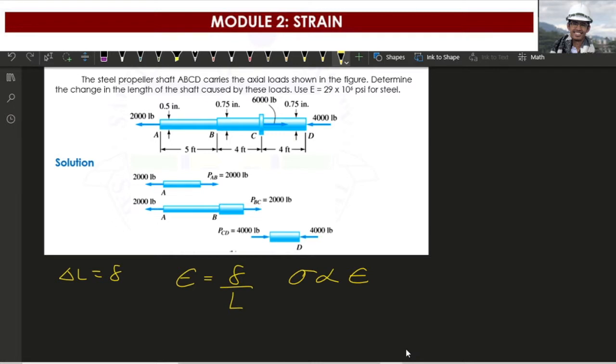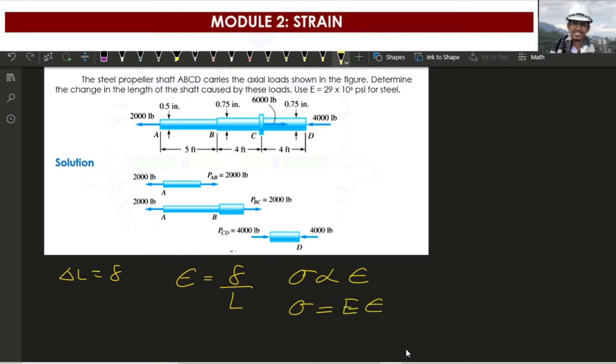So if the stress increases, the strain also increases. To make this an equal sign, we need to introduce a constant, which is E, the same as the property of our material. So stress is equal to the constant E multiplied by the strain.